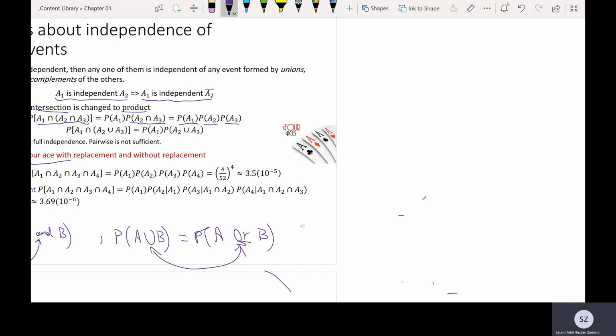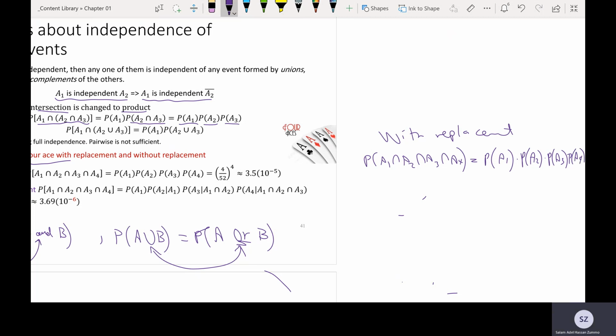And because of that, with replacement, the probability of A1 intersect A2 intersect A3 intersect A4, which is basically having 4 aces in a row, equals the probability of A1 multiplied by the probability of A2 multiplied by the probability of A3 multiplied by the probability of A4.